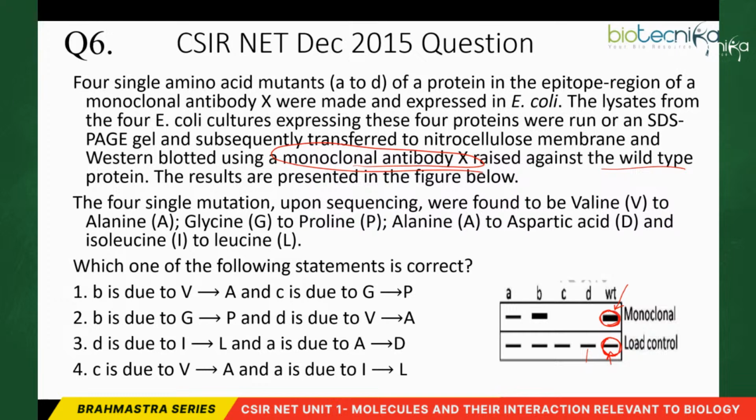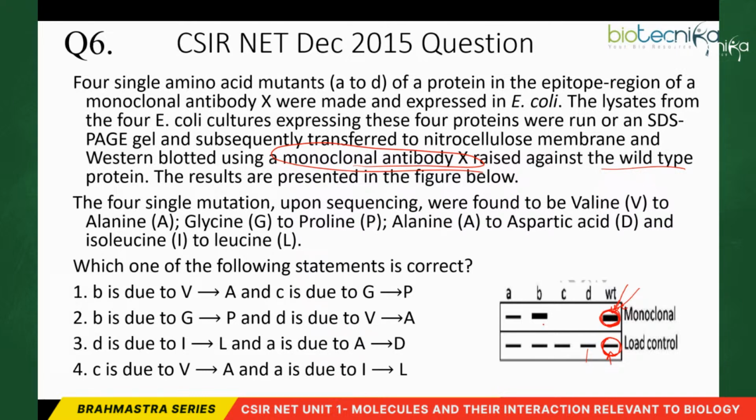You can see. I hope you know the blotting technique. Wherever its complementary molecule will be present, the protein will go and bind. Okay, on the membrane itself it will bind, and then you use some tags to identify the antibody. So for its presence, that means here the monoclonal antibody has bound, meaning the epitope region is wild type, it has not changed.